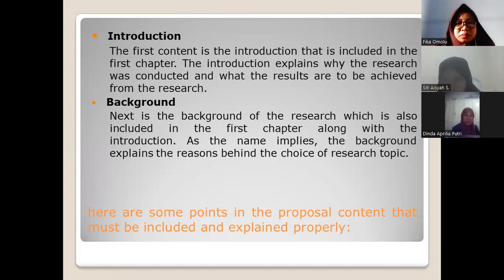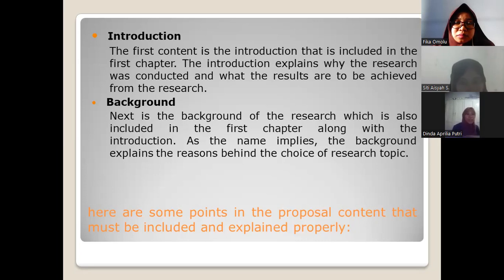The next is the background of the research, which is also included in the first chapter along with the introduction. As the name implies, the background explains the reason behind the choice of the research topic. Researchers can explain the reason carefully, ideally using clear and correct reasons.